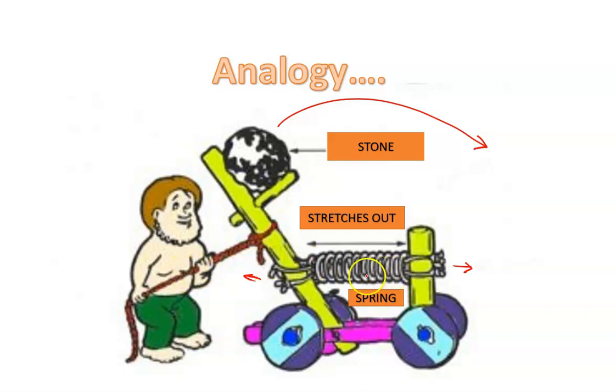It is stored in the spring in the form of restoring energy, and after that due to this energy, the stone that is placed over here is thrown out. So from here we can conclude that the elasticity property of the spring is used to store the energy.